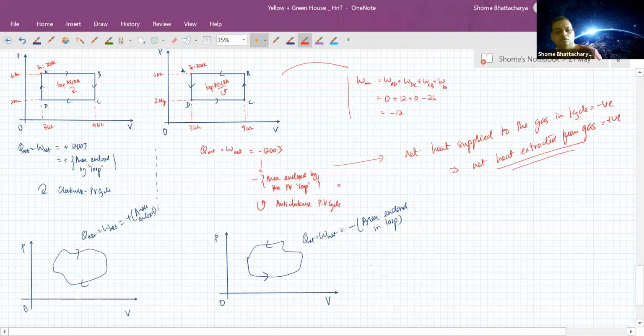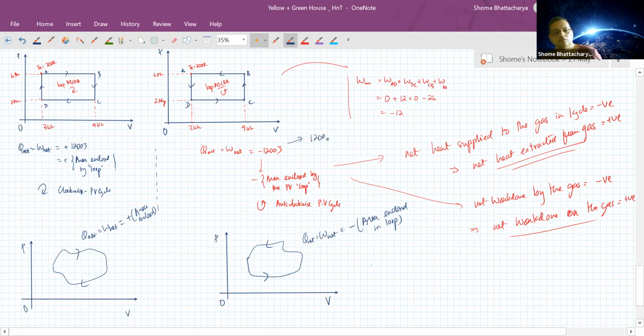Okay. And net work done by the gas, that is a negative quantity. So again, what that means is that net work done on the gas is positive.